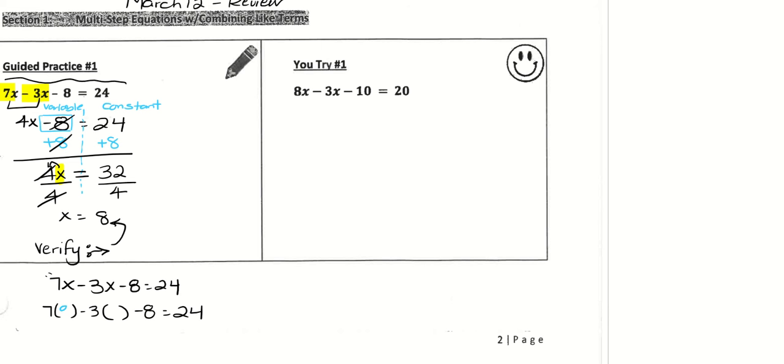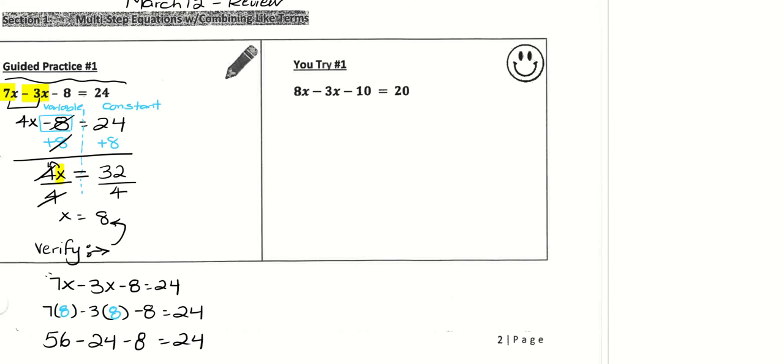This is where your 8 goes; wherever there is x, you replace it. So 7 times 8 is 56, minus 3 times 8 is 24, minus 8 equals 24. What is 56 minus 24?